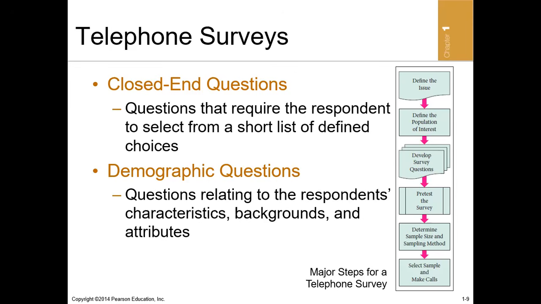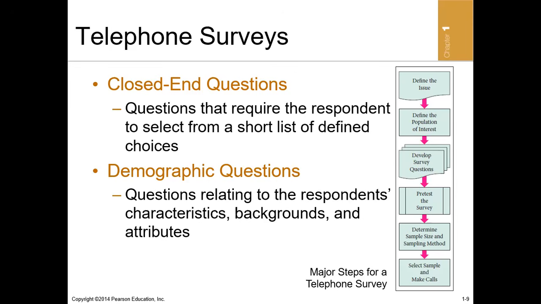So I can ask, where are you likely to be on weekends? A, church. B, at a club. C, on the football field. D, at home. Anything the person chooses will give me data. But in the question, I have restricted the person to these choices. So when that happens, we call it close-ended questions.